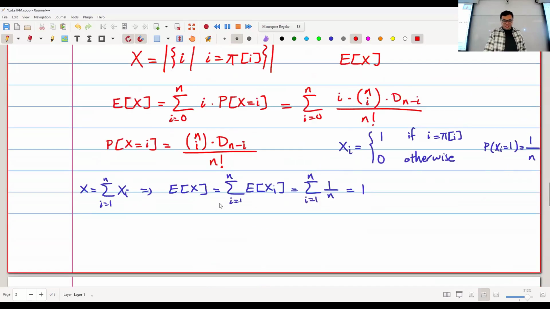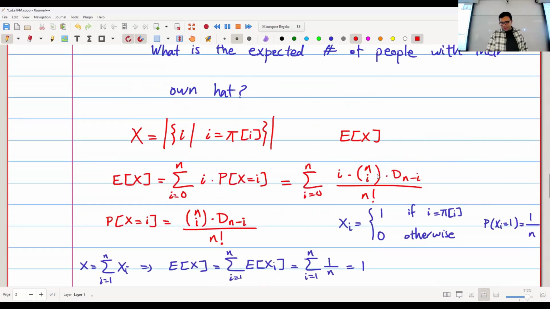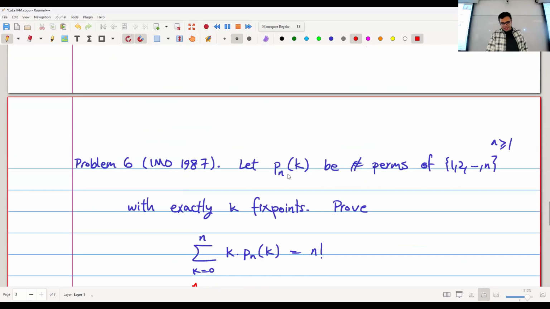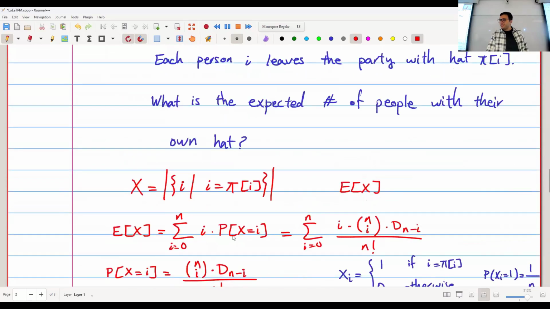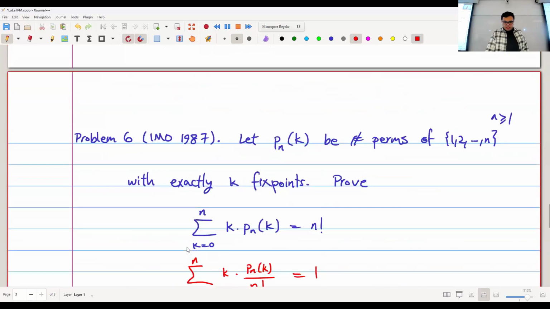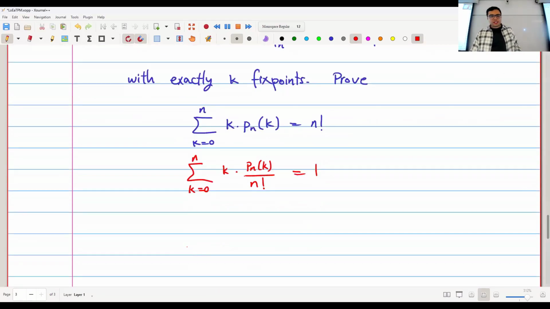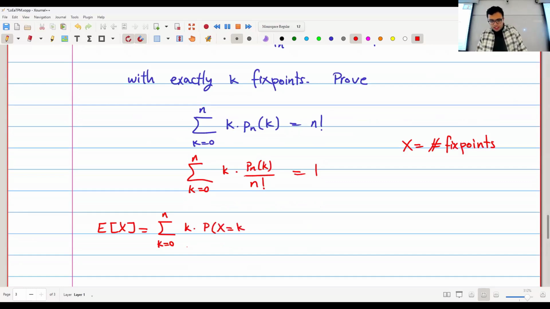And that's just by definition. If I use the same x as before, so I'm picking some permutation uniformly at random, and x is the random variable that captures the number of fixed points, then the expected value of x is the sum of k from 0 to n of k times the probability that x is equal to k.